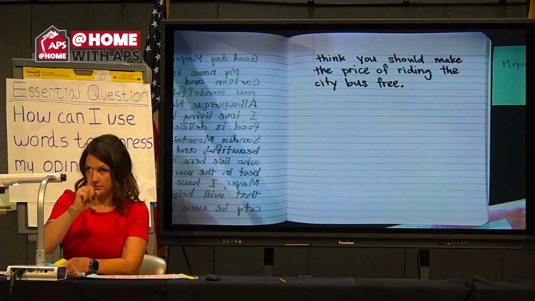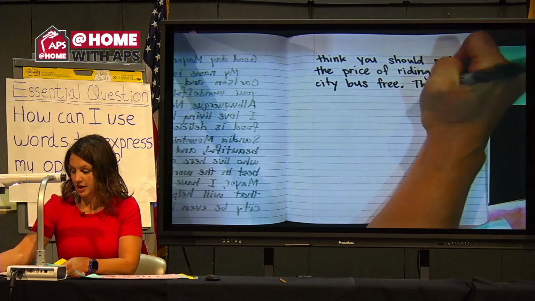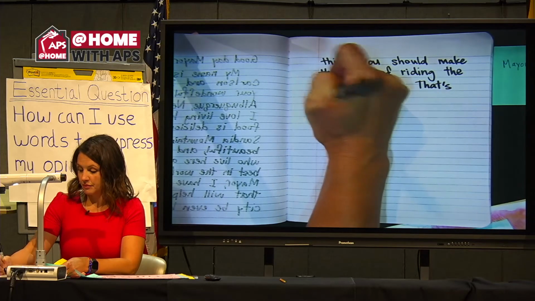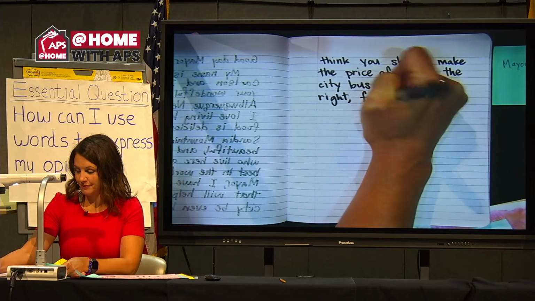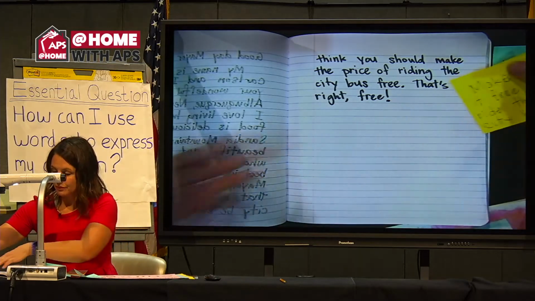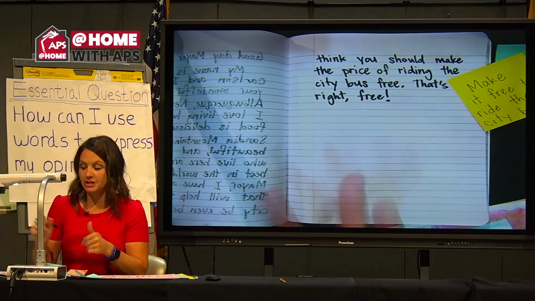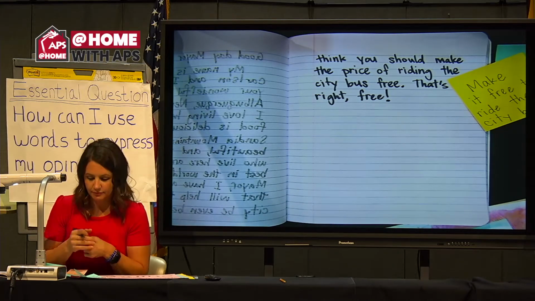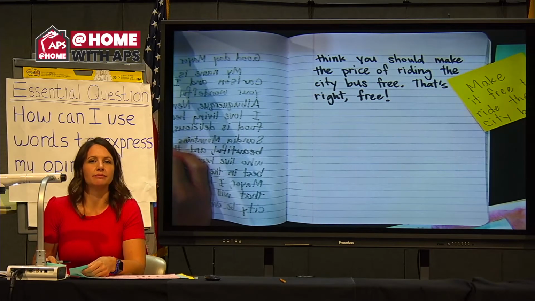Just in case that's not clear, I'll say, that's right. Free. There's my opinion. I think the mayor should make the price of riding the city bus free. That's right, free. Well, friends, some people will disagree with me.